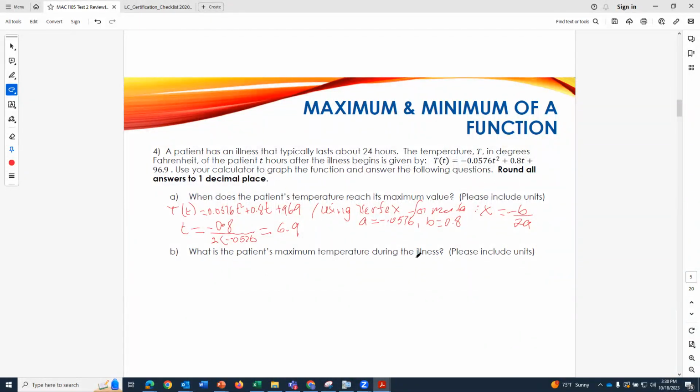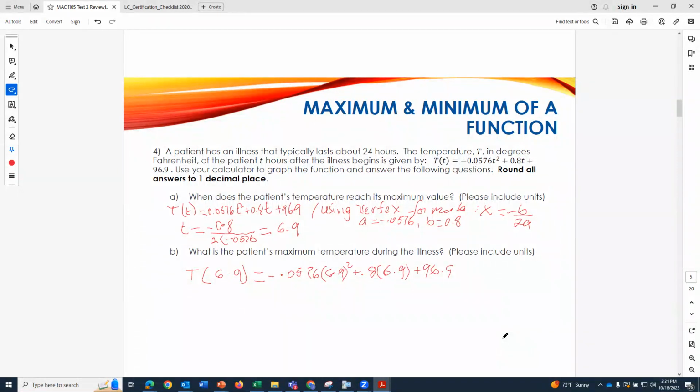And what is the maximum temperature during the illness? The maximum temperature will be T of 6.9. In this case, we just have to use negative 0.0576 times 6.9 squared plus 0.8 times 6.9 plus 96.9.